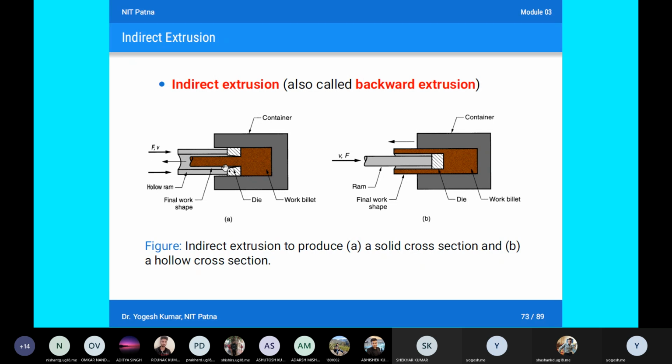First let us focus on figure A, then we will come to figure B. This is your figure A. Here is your container, this is your die, and this die is kept with your ram. This is your hollow ram. Here you can see this die is moving with the ram. And this is your work blade, which is initially kept under this die container.